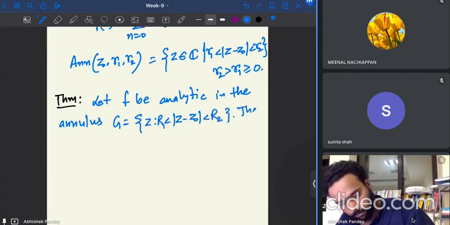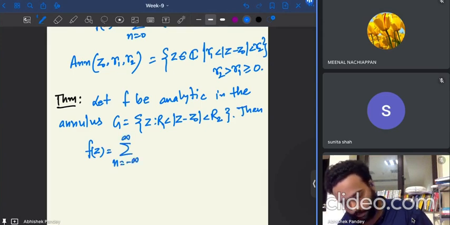Then f(z) can be written as a summation of a_n times (z minus z naught) to the power n.